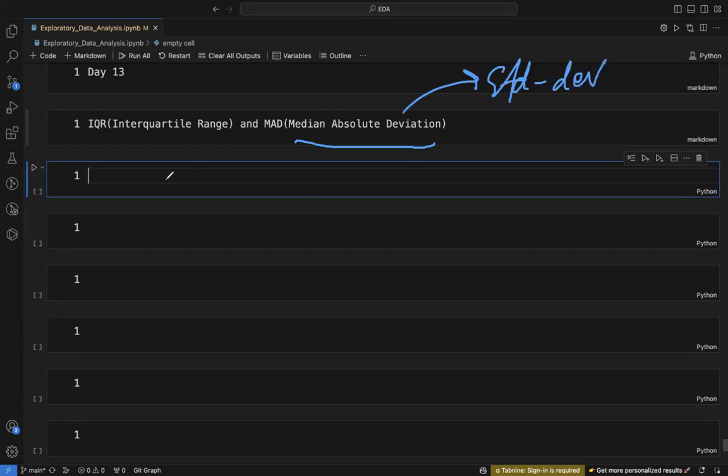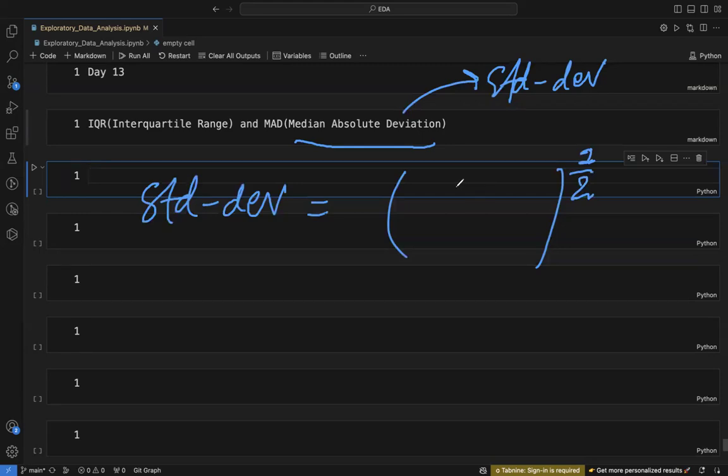So what is my standard deviation, if you remember? Standard deviation is basically the square root of the average, so this is the square root of 1 by n summation of i equal to 1 till n.